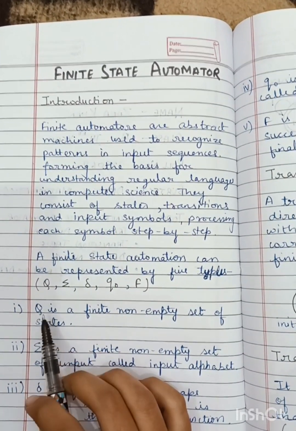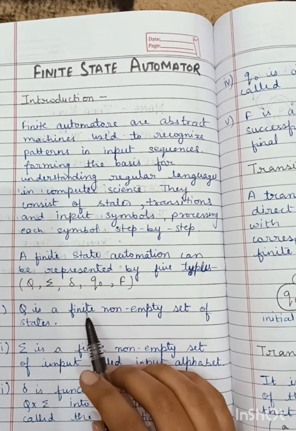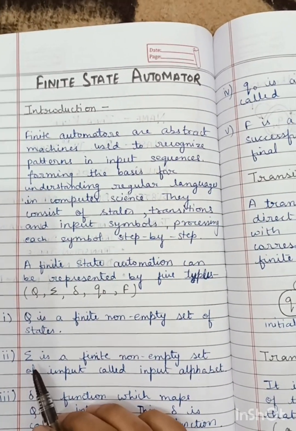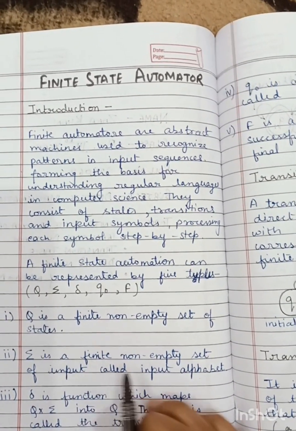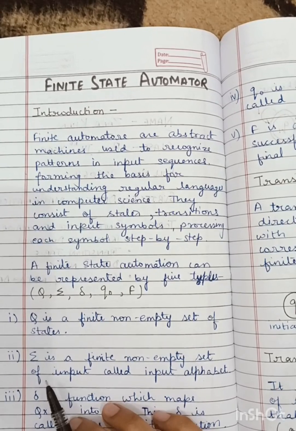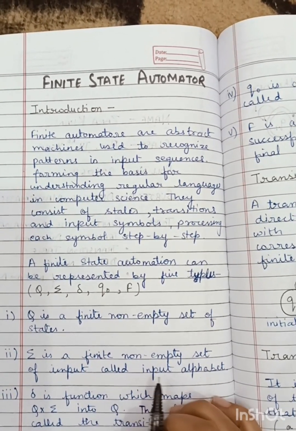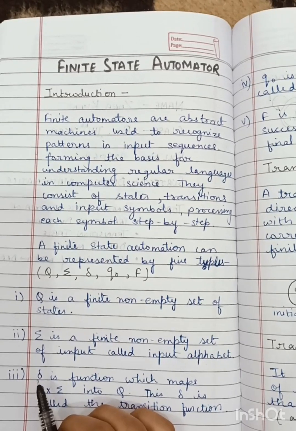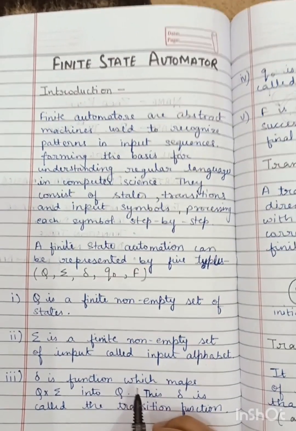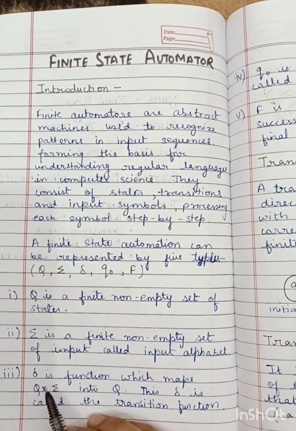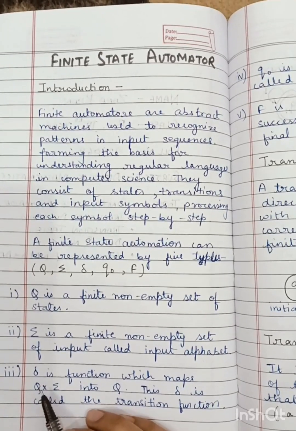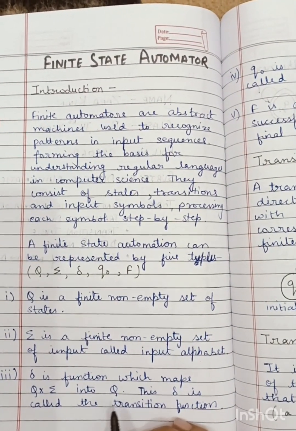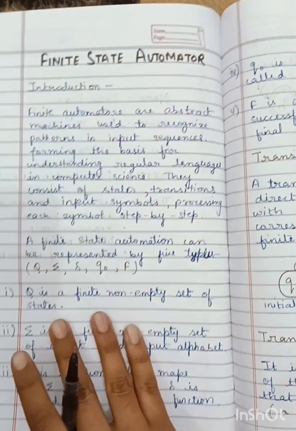The first is capital Q, which is a finite non-empty set of states. Second is sigma, which is a finite non-empty set of inputs called input alphabets. Then next is delta. Delta is a function which maps Q multiplied by sigma into Q, and this delta is called a transition function.